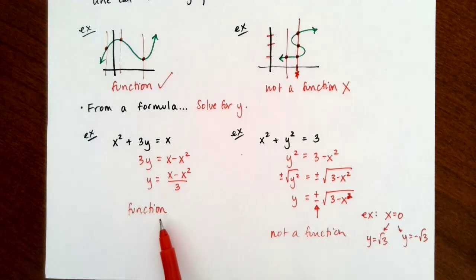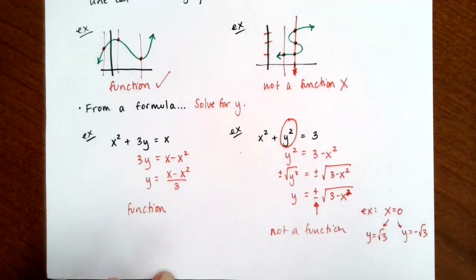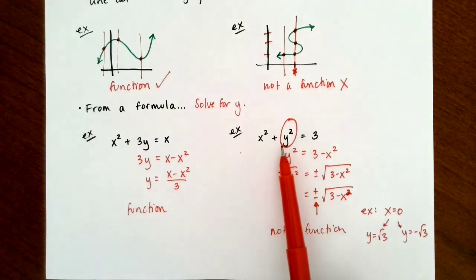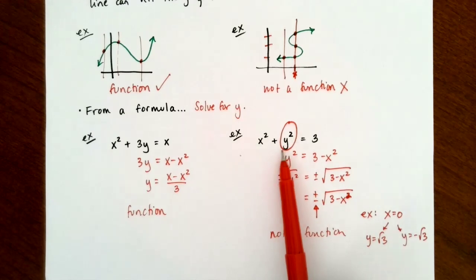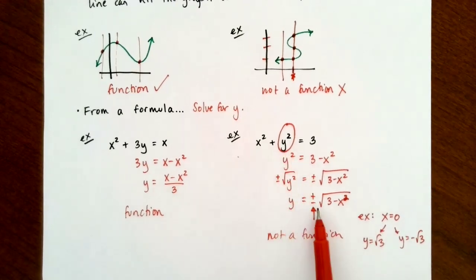If we trace that back to the original problem, that tells us that y squared in the formula is a dead giveaway. So very, very often, it doesn't have to be there, but very often, as soon as you see y squared in a formula, that's your tip off that it's not a function, because this plus or minus is going to pop out when you solve for y.